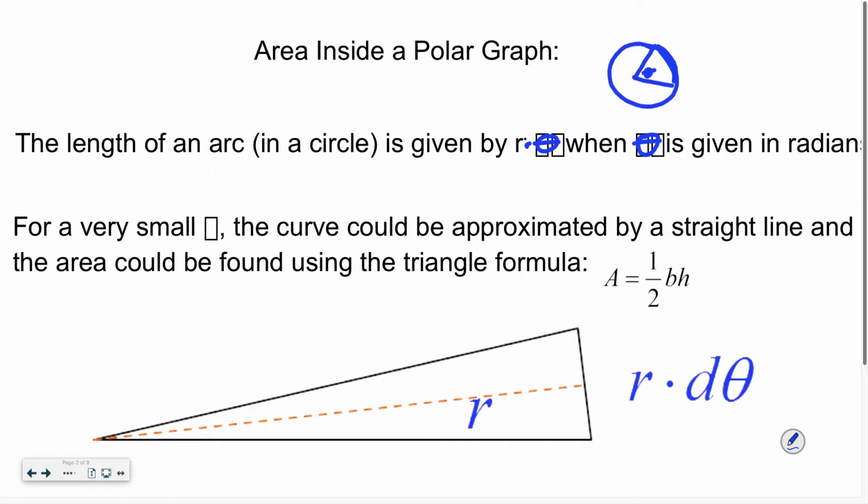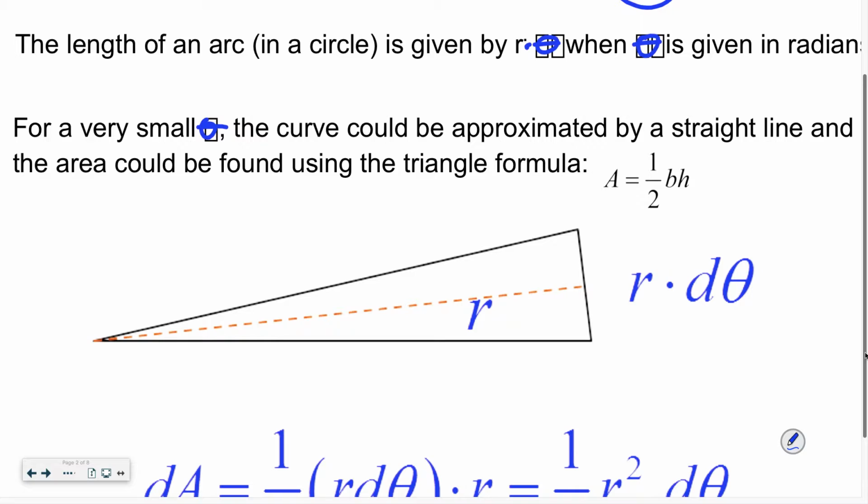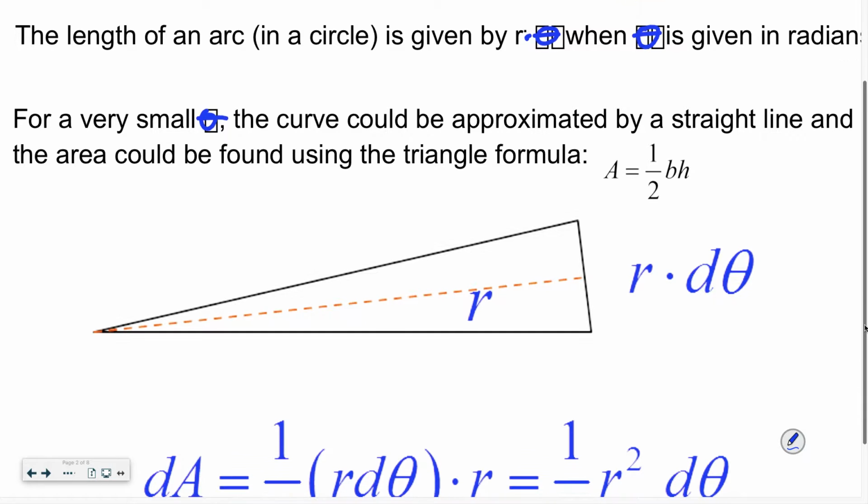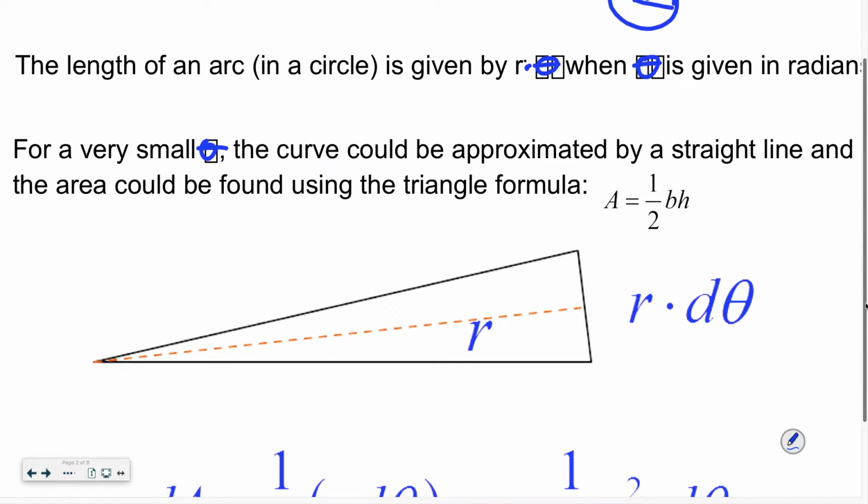So let's just imagine we have a very, very small theta, so small that it basically looks like a triangle. If I cut a small enough sliver of a circle, it's pretty much a triangle, because there's not as much curve if it's small enough. So if we're talking about a triangle, we're talking about 1/2 base times height.